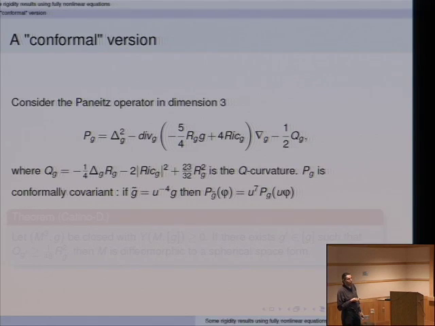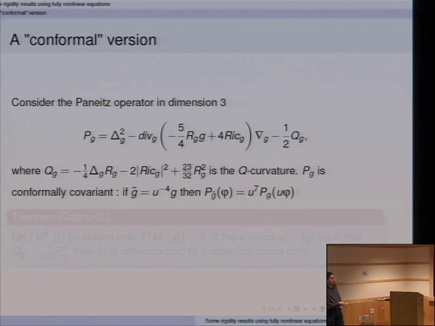It means that if you take a metric g tilde, which is conformal to the metric g, with this factor u to the -4, then you have a very nice relation between the Paneitz operator for the new metric g tilde in terms of the Paneitz operator for the original metric.